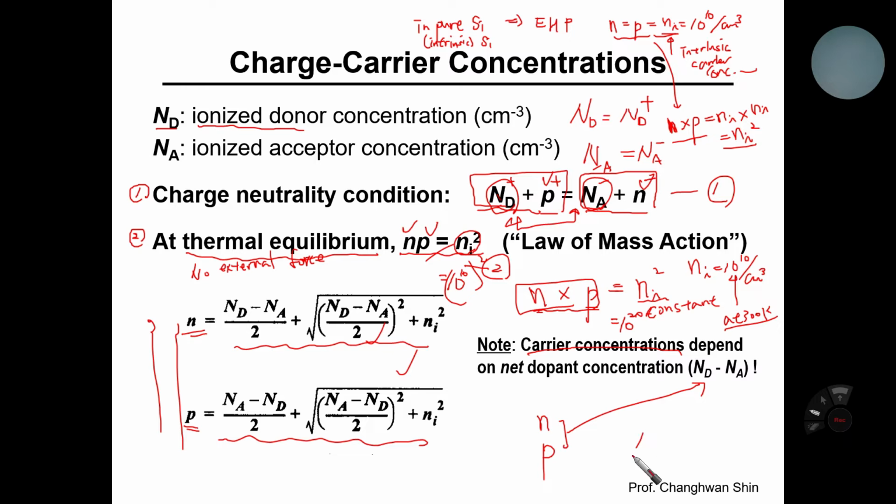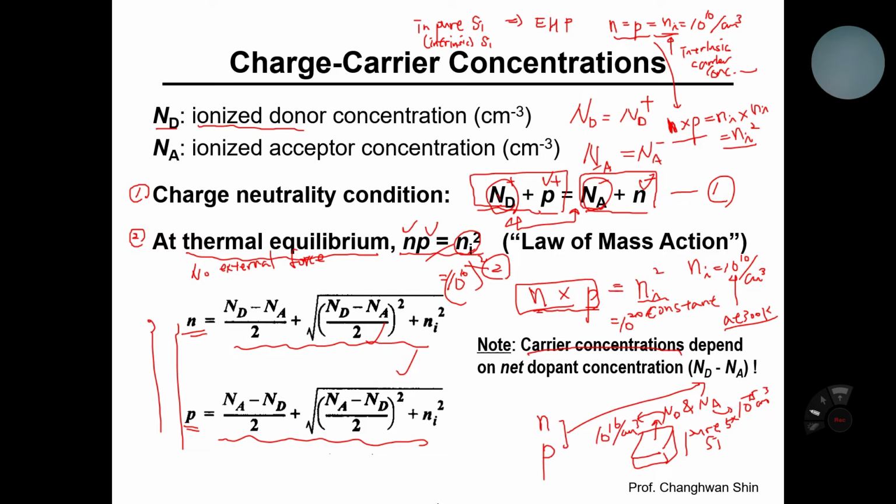So suppose that we have a pure silicon sample, and here we put donors as well as acceptors together. Say that N sub D is 10 to the 16 per cubic centimeter, and N sub A is, I would say, 5 times 10 to the 15 per cubic centimeter.